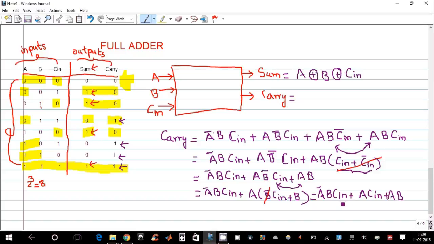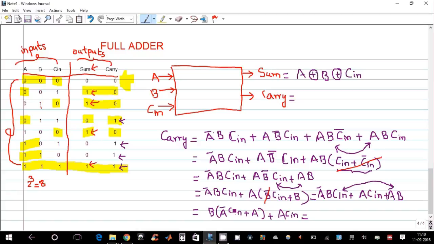And similarly, if we take B as common from these two expressions, the same kind of optimization principle we need to apply. B into A bar C in plus A plus A into C in.